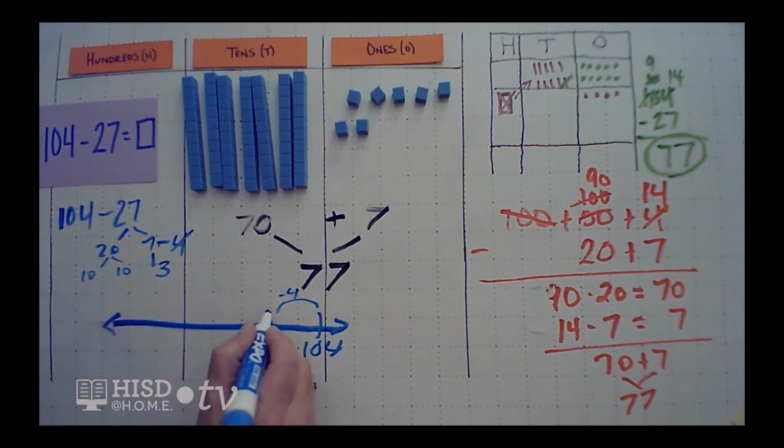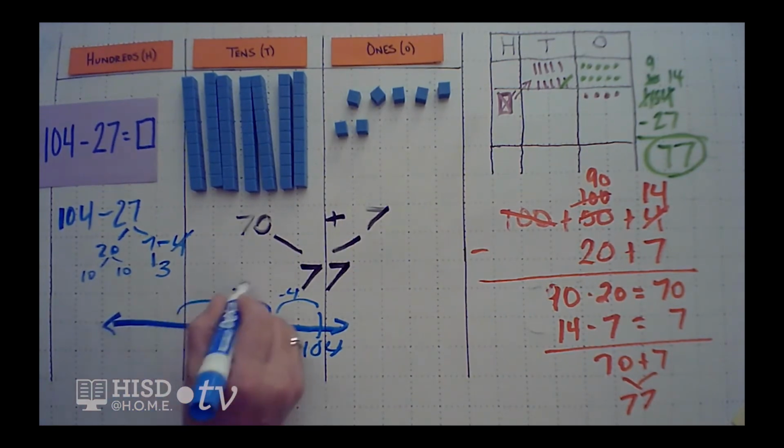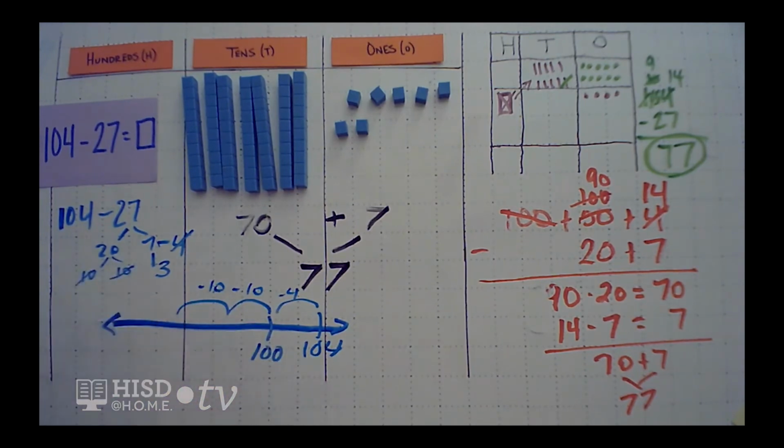I'm going to go back 2 jumps of 10. So if I take those 2 jumps of 10, and then I'm going to take my minus 1, which is 3 jumps of minus 1. So 100, if I take 10 from 100, I'm at 90. If I take another 10 from 90, I'm at 80.